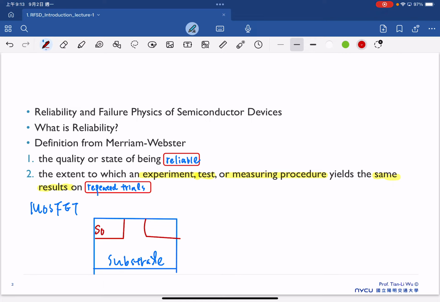On the left-hand side, we usually call it the source, and the right-hand side we consider the drain. On top of this source and drain, we usually have the gate dielectric, and one of the most often used gate dielectrics is silicon dioxide.